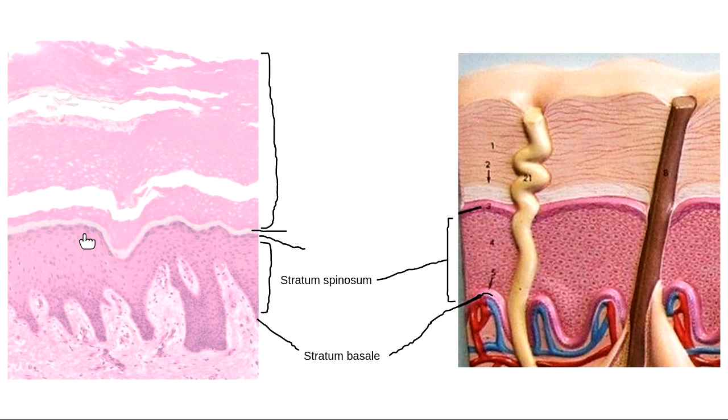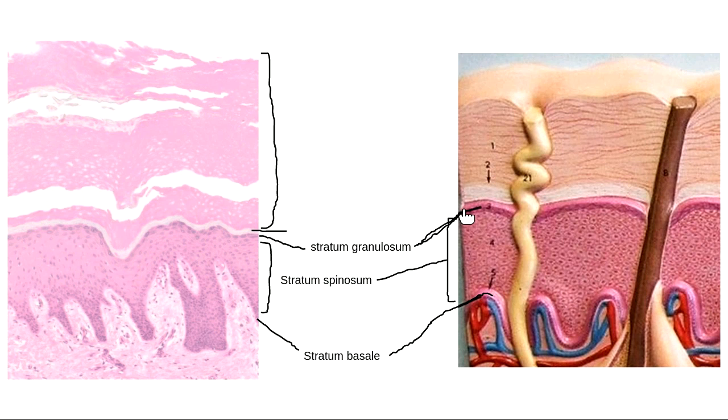Those darker cells are the ones that are in that layer that we called stratum granulosum, where we've got those granules that makes things dark. So stratum granulosum is that darker layer of cells. We saw those when we were looking at our thin skin.